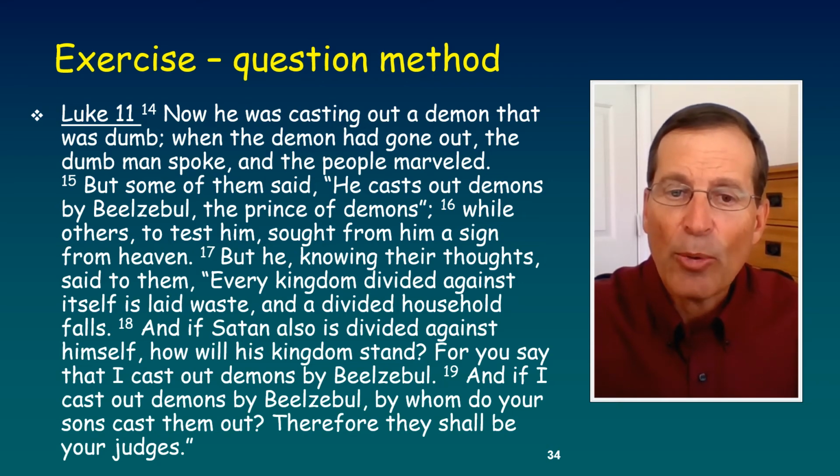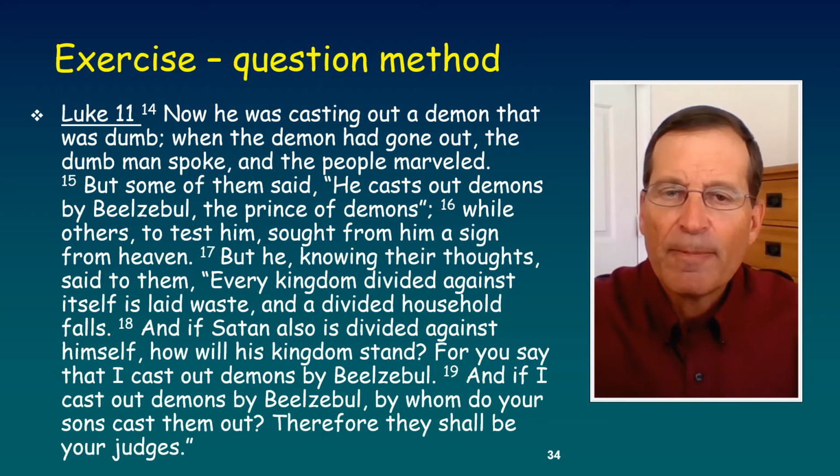But he, knowing their thoughts, said to them, "Every kingdom divided against itself is laid waste, and a divided household falls. And if Satan also is divided against himself, how will his kingdom stand? For you say that I cast out demons by Beelzebul. And if I cast out demons by Beelzebul, by whom do your sons cast them out? Therefore they shall be your judges."